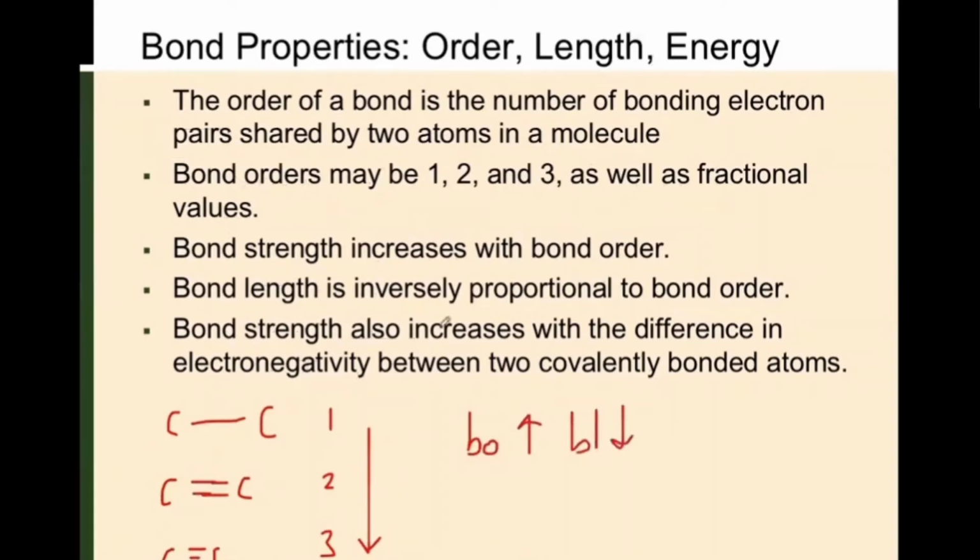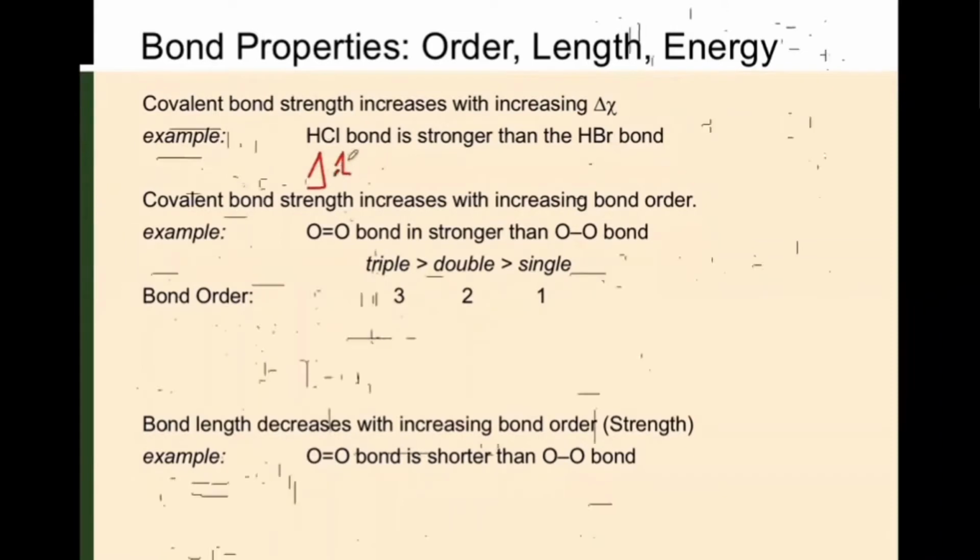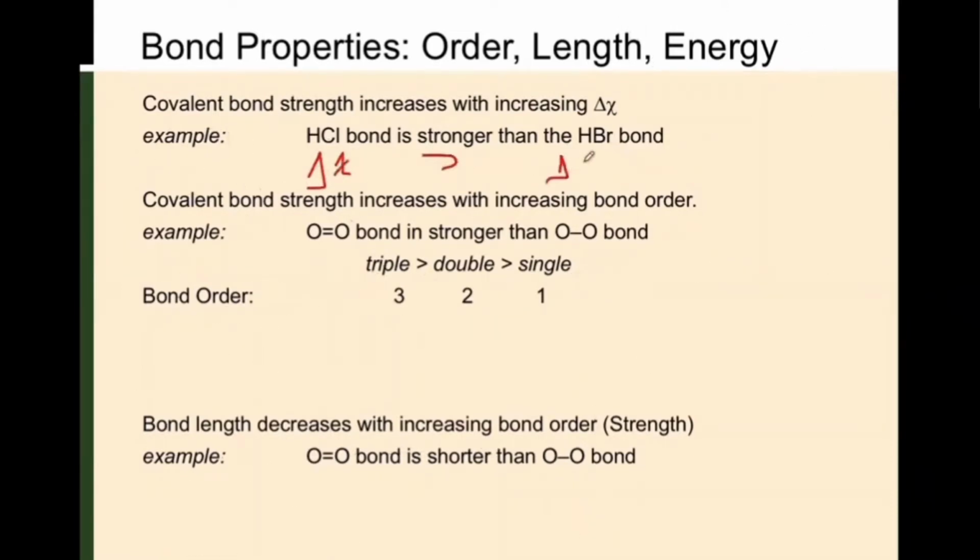Then bond strength also increases with difference in electronegativity between the two covalently bonded atoms. Covalent bond strength increases with increasing delta chi. For example, HCl bond strength is stronger than HBr bond strength because delta chi here is larger than delta chi here.